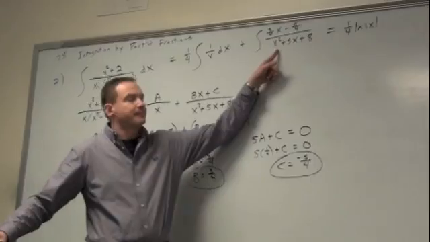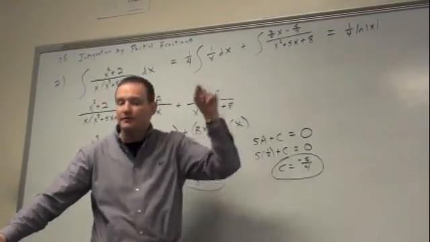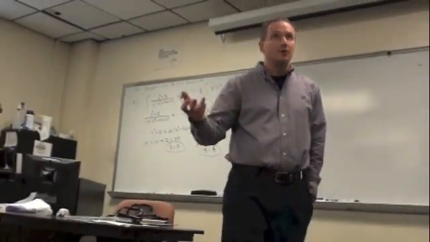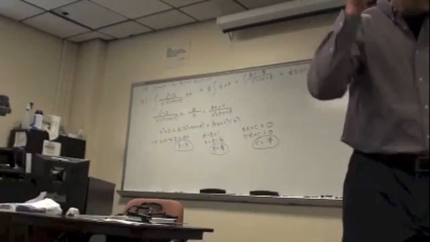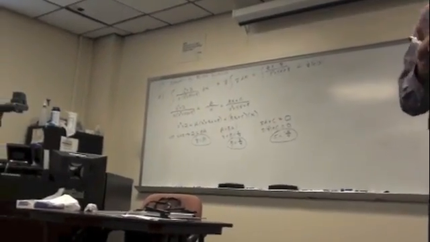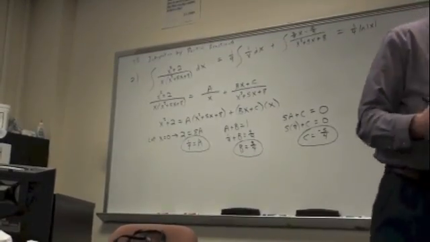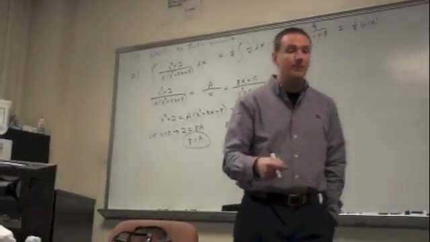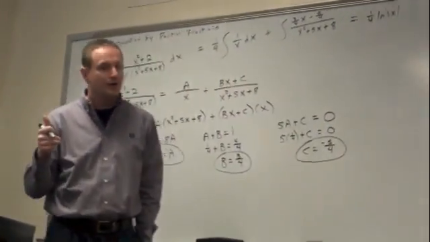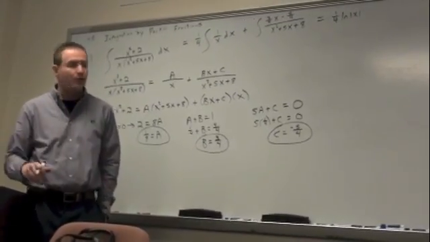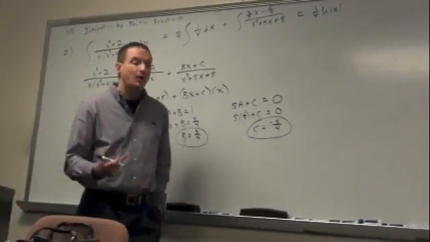And I'll say, well, how am I going to integrate this one? The very second I see the denominator is degree 2 and the numerator is degree 1, I know that a natural log is part of this solution. It has to be. So I want to get the derivative of the denominator in the numerator. That's not going to be very easy, but it's not going to be too hard. What do I know I need up there?